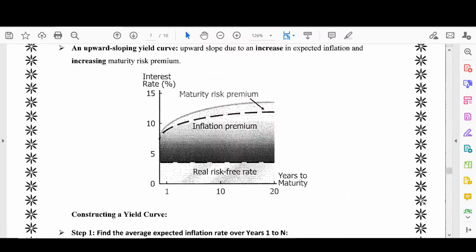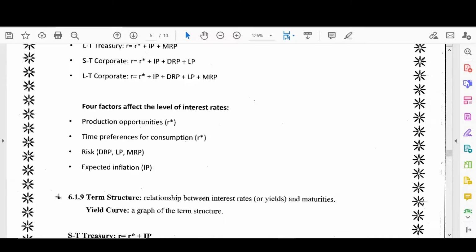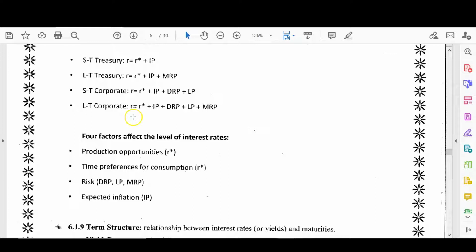So let me show you the equation again. This is the comprehensive equation on bond interest rate: R equals R star plus IP plus DRP plus LP plus MRP. For short-term Treasury, it only has the first two elements, R star plus IP, because it's short-term, so it doesn't have MRP.